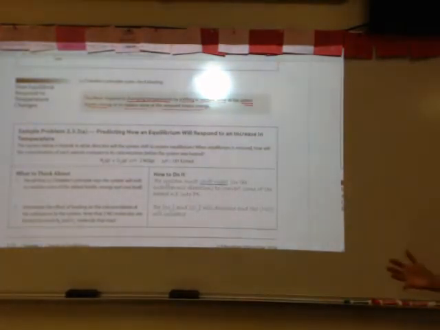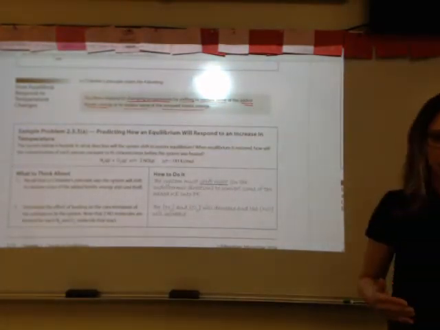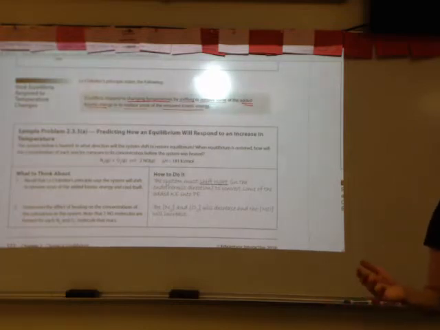And we have to take into account, are we dealing with endothermic or exothermic processes?